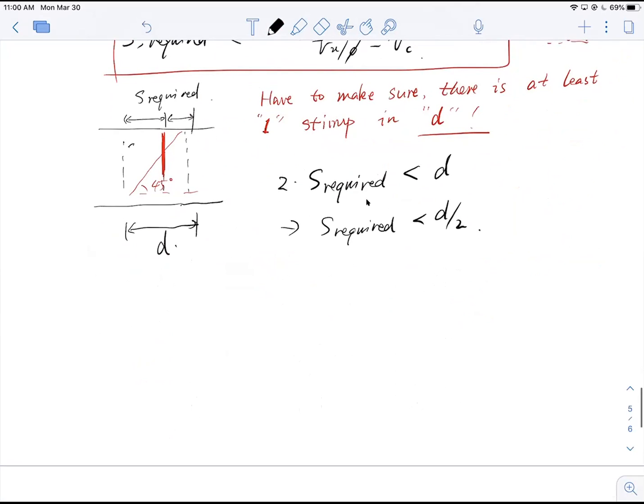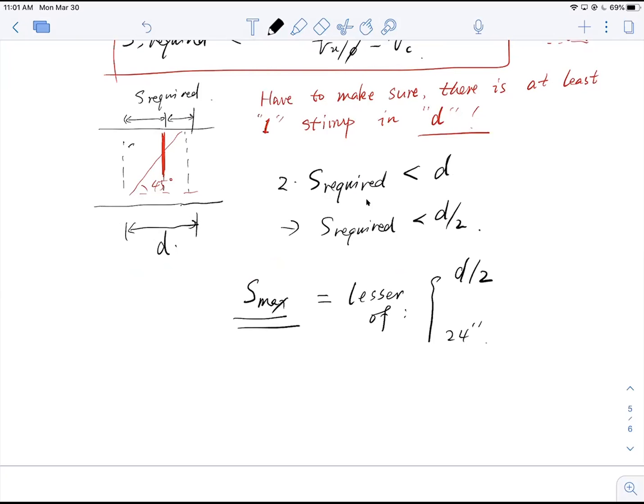my S max, the maximum spacing between stirrups, has to be the lesser of two parameters: either d divided by 2, and per ACI also 24 inches.